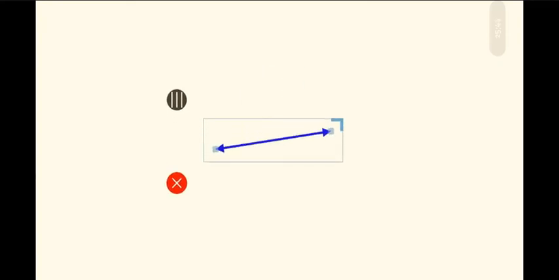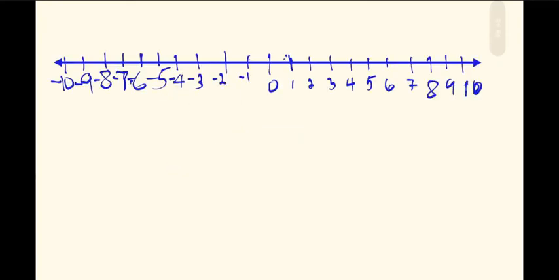So yeah, we have our number line labeled from -10 to 10. Yeah, so this number line is not drawn to scale.